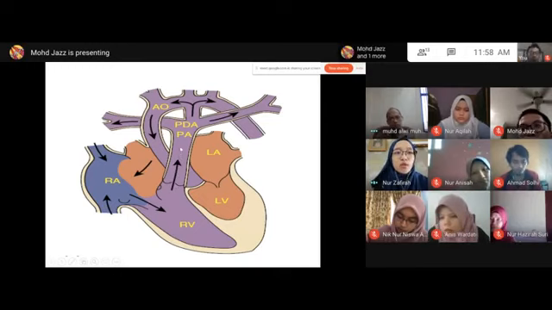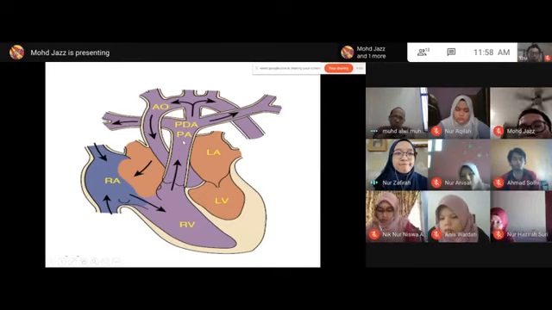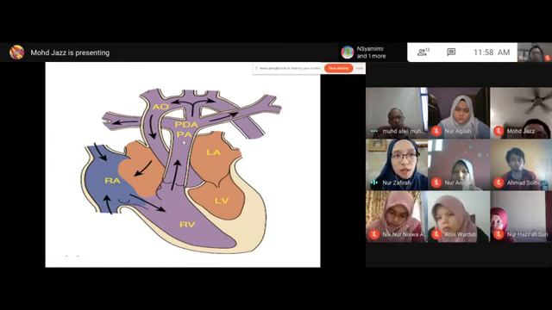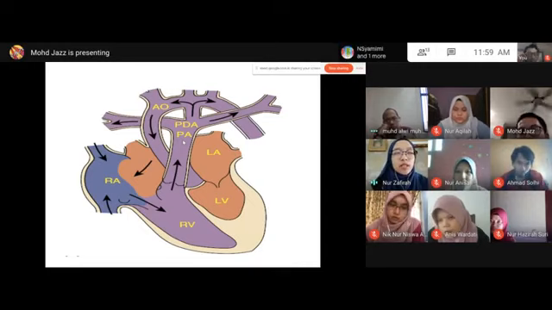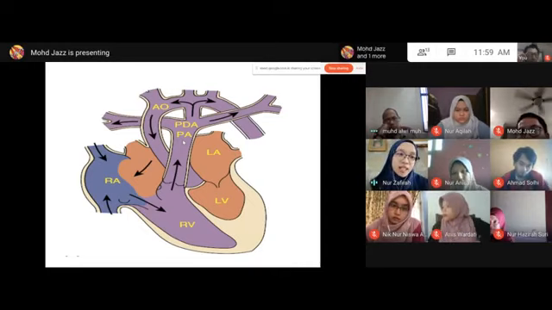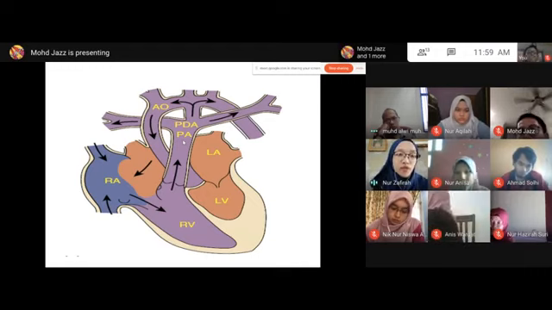So that's why the oxygenated blood from the left atrium will, because of high pressure there, go into the right atrium and mix with the deoxygenated blood, and both go to the right ventricle and into the pulmonary artery.